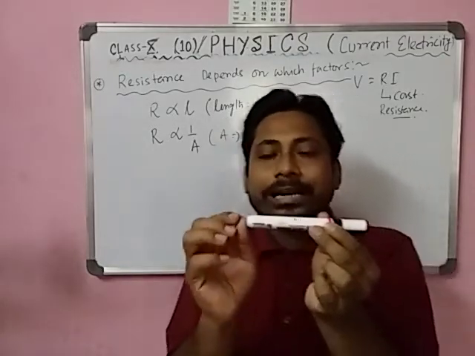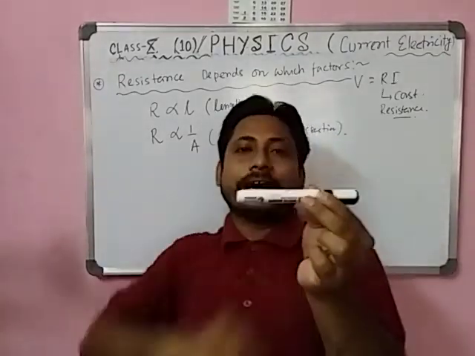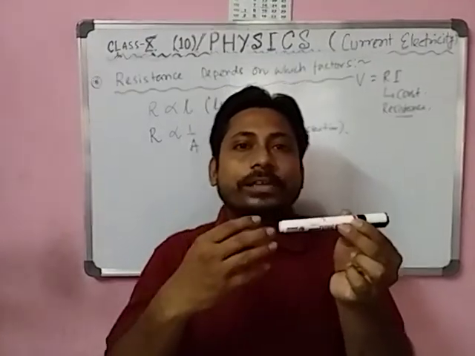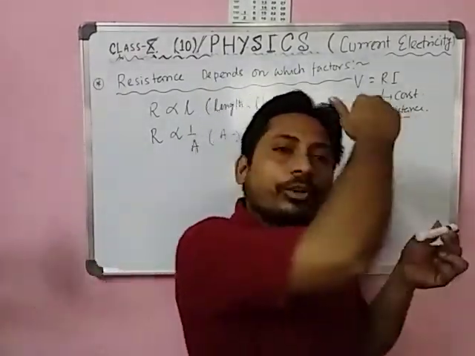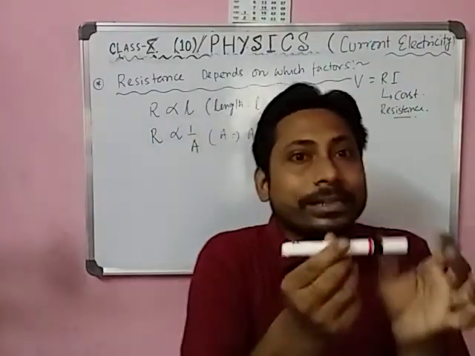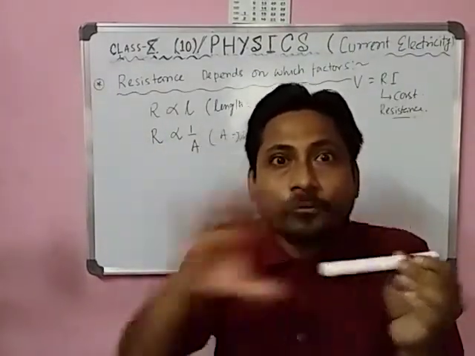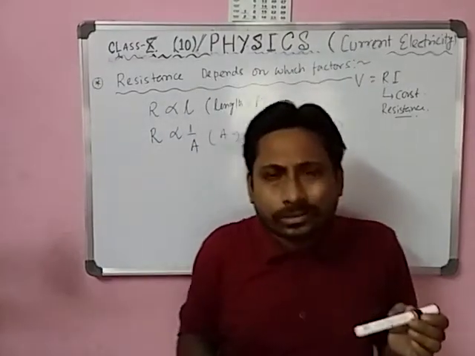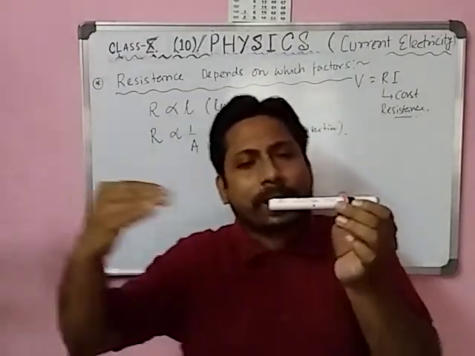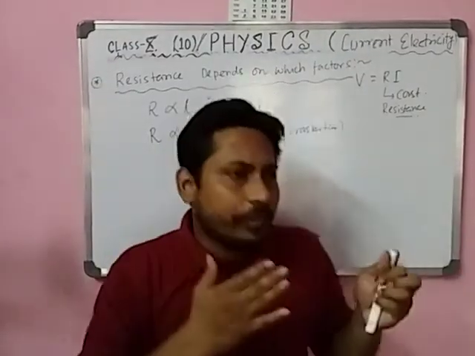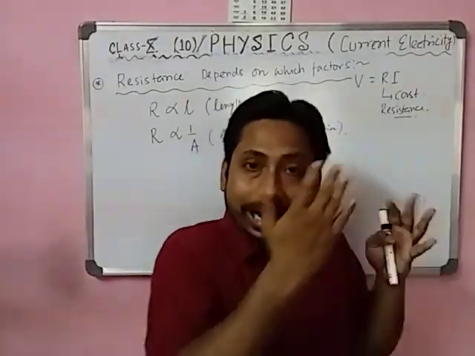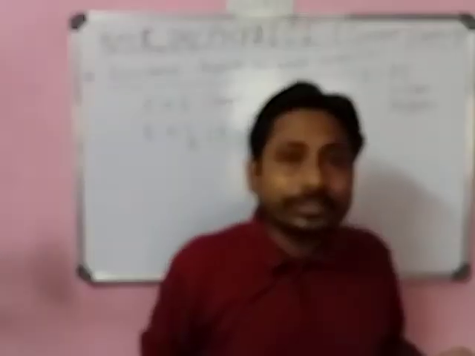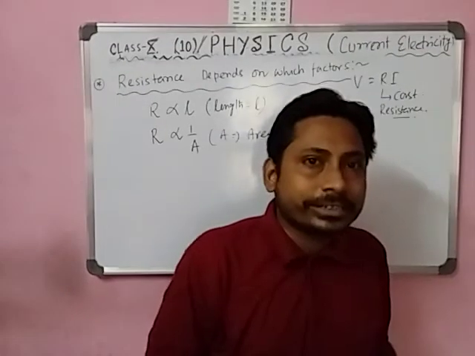Get it? In the conductor there is no empty space, it is full of electrons and ions. So whenever electrons pass through the conductor, they are facing collisions, and collisions mean what? Obstructions, and that obstruction is called resistance.